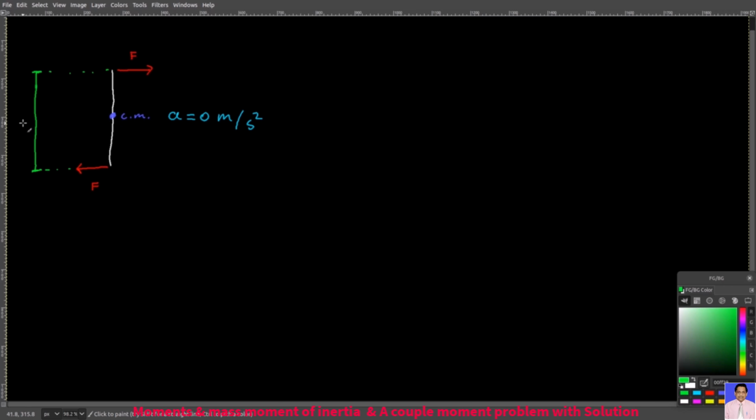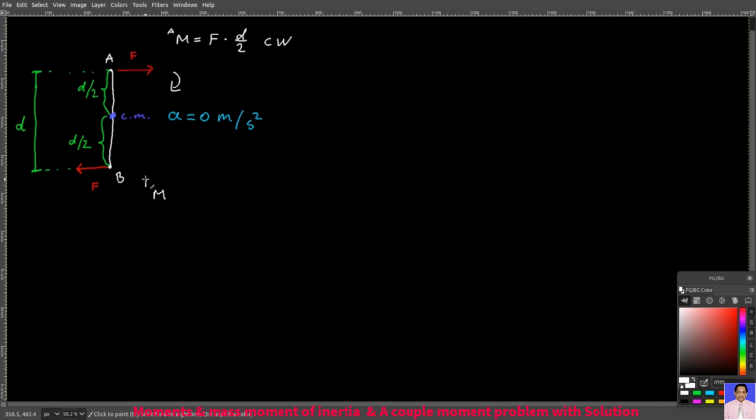However, you do have a moment. Let's say that the length of the rod is d. It means that this one is d over 2 meters, and this one is d over 2 meters. Let's call this tip A, and this one tip B. That means that the moment from point A about the center of mass, that's F times d over 2, and that would be clockwise. It would be in this direction.